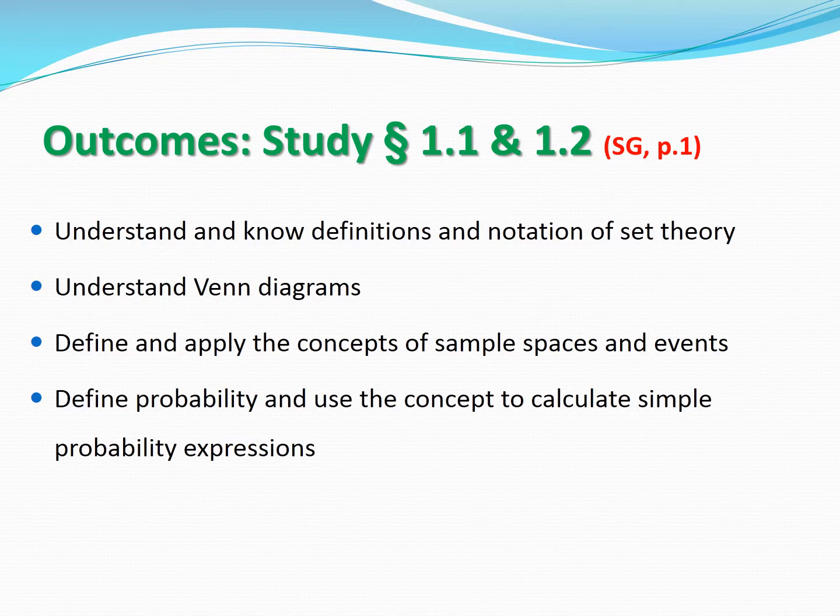So you should be able to understand the definitions and the notation of set theory. Then we are going to graphically represent sets and the relationships between sets with Venn diagrams, so you should be able to draw them. And then we are also going to look at the concepts of sample spaces and events. And then lastly, we are going to calculate simple probabilities.